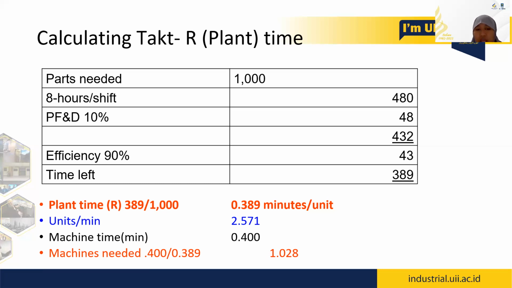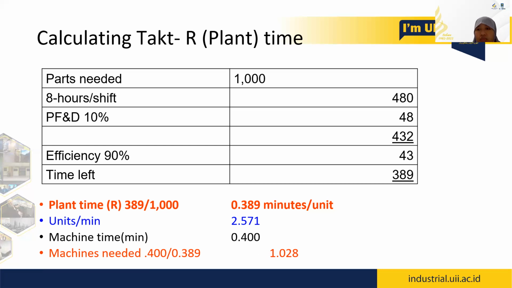Okay. So in that sense, we can calculate the takt time or the planned time by dividing the available time by the number of units. So it means that for each unit we only have 0.389 minutes. Okay, so each minute the machine should be able to produce 2.5 units.